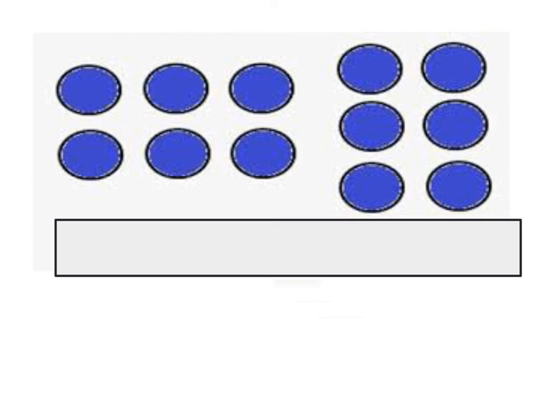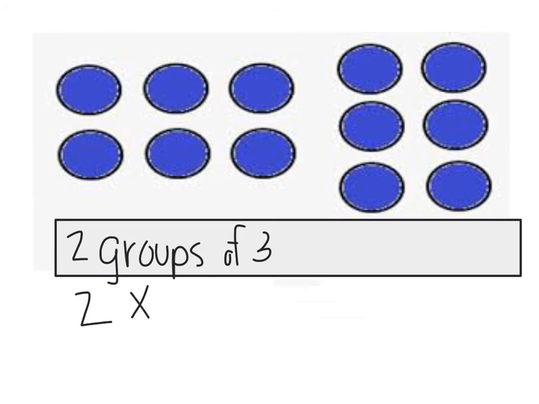Here are some other examples of the commutative property of multiplication. In this first array, I see that I have 1, 2. I have 2 groups of 3, or 2 times 3 equals 6.